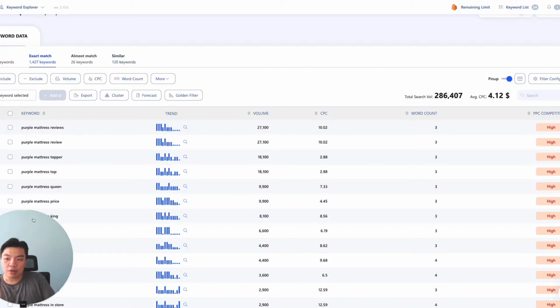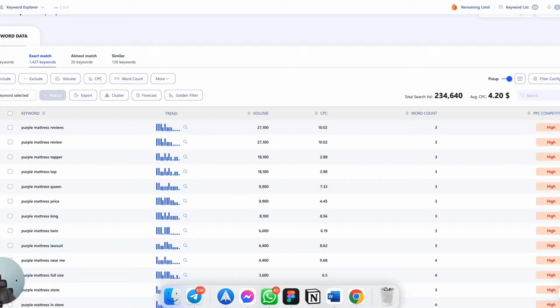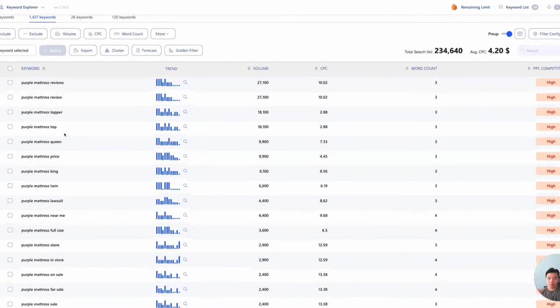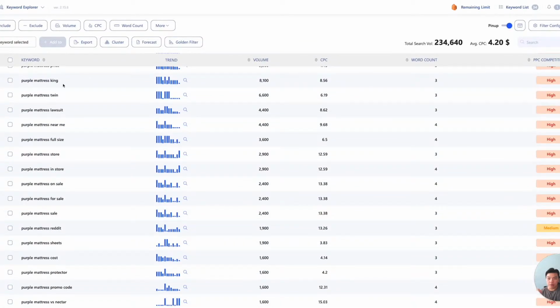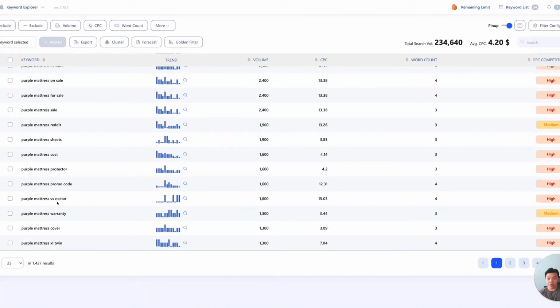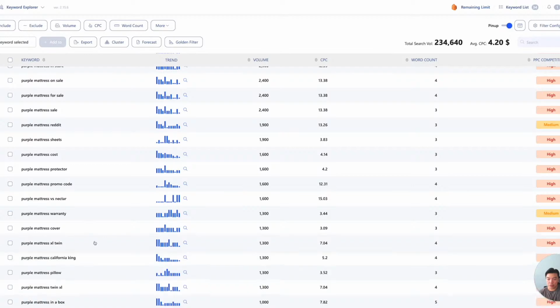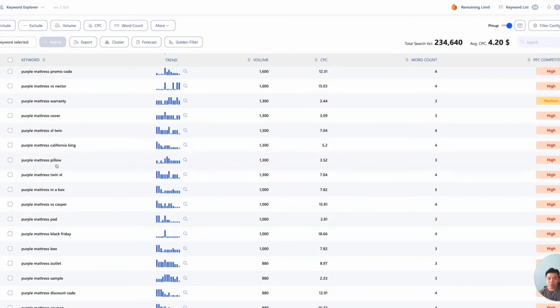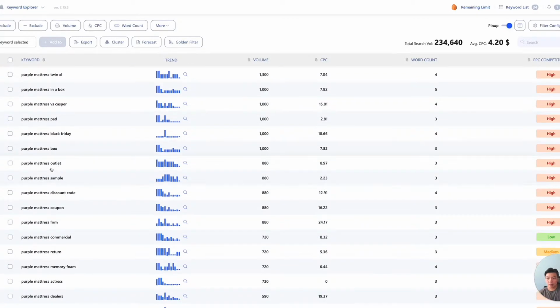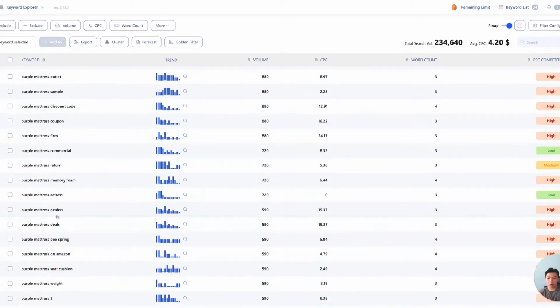So what you want to see here, let me zoom out a little bit. You want to see this exact match first. So you see that a lot of demand people have in regard to the brand itself, versus people who ask about warranty, cover, king, pillow, size, inner box, versus Casper, pad, box, outlet, sample, discount code, coupon, firm.